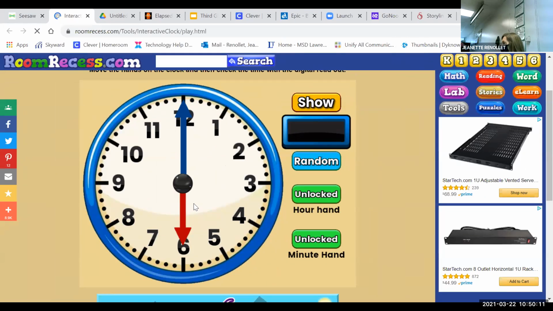First, we want to show 2:00 p.m. So I'm going to take my hour hand and move it to 2. My minute hand is at 0. 2 hours and 0 minutes. Hands up quietly please.